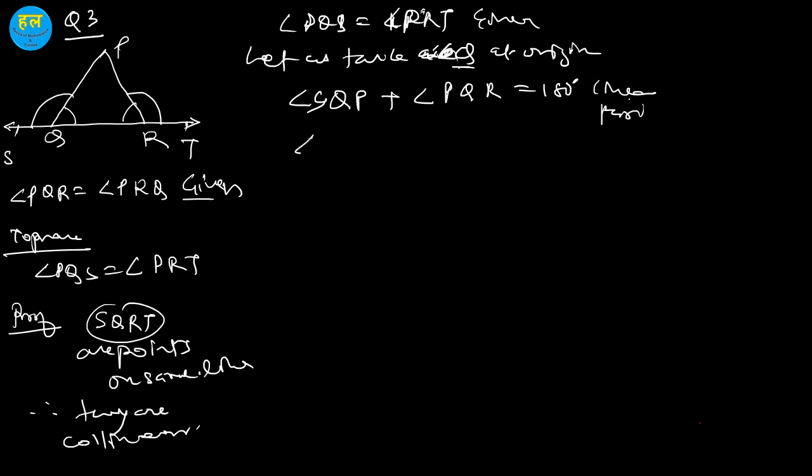That means angle SQP is equal to 180 minus angle PQR. This becomes our equation number 1.